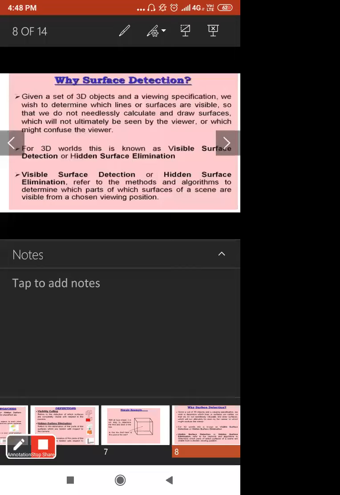Now why is surface detection necessary? Given a set of 3D objects and a viewing specification, we wish to determine which lines or surfaces are visible, so that we do not needlessly calculate and draw surfaces which will not ultimately be seen by the viewer, or which might confuse the viewer.